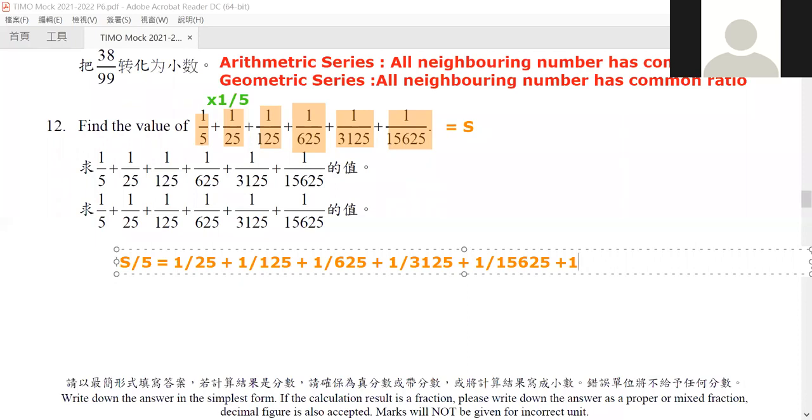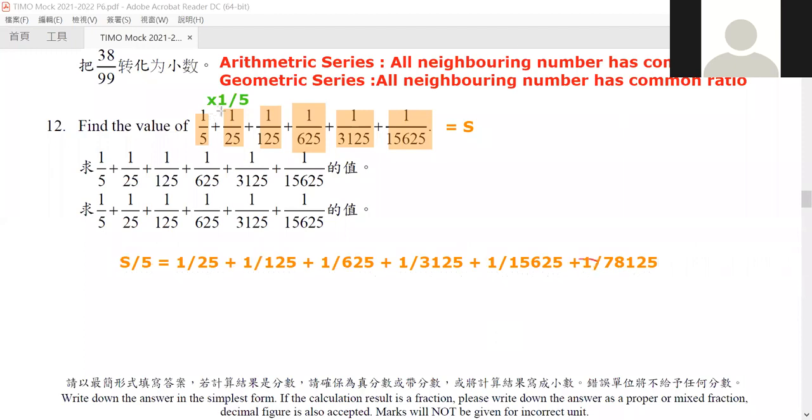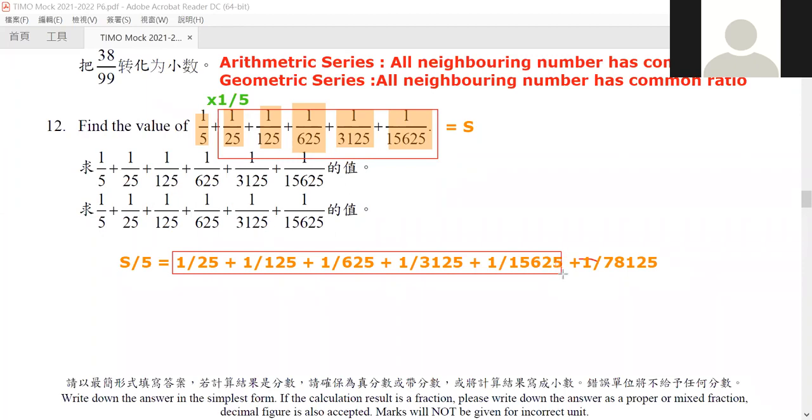Multiplying 15625 by 5, we get 1/78125. But notice that this part is very similar to the original. No, it's not just similar, they are exactly the same. So we can rewrite the sum as s minus 1/5 plus our final term 1/78125.